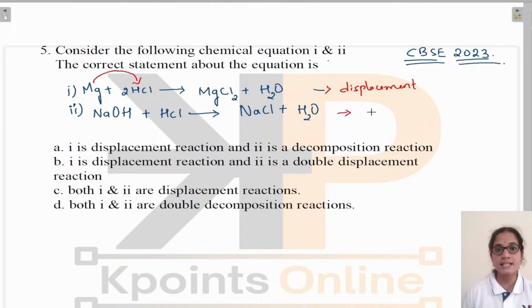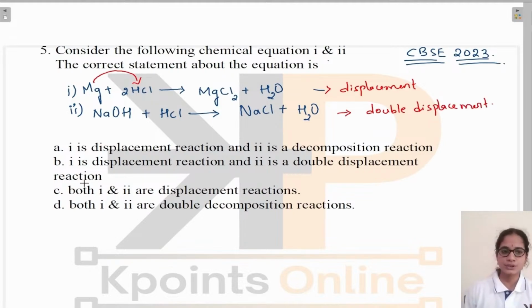So clearly there is exchange of ions between the compounds, so it will be a double displacement reaction. So which will be our correct option? That is, one is displacement reaction and two is double displacement reaction. This will be our correct option.